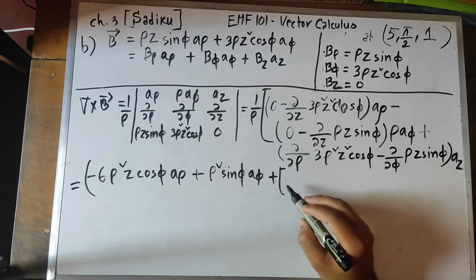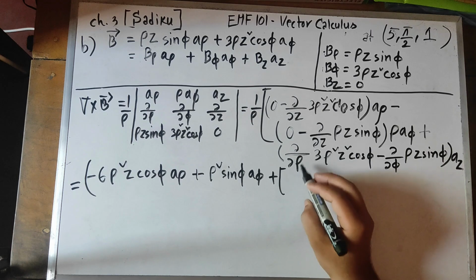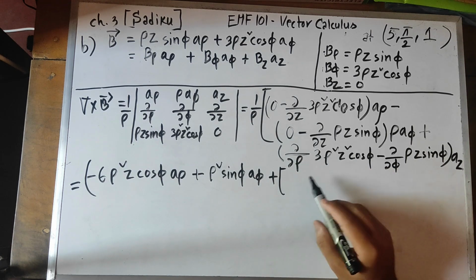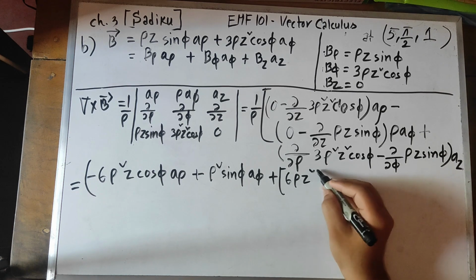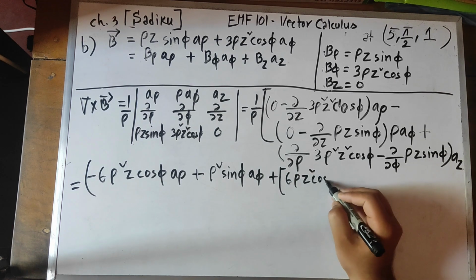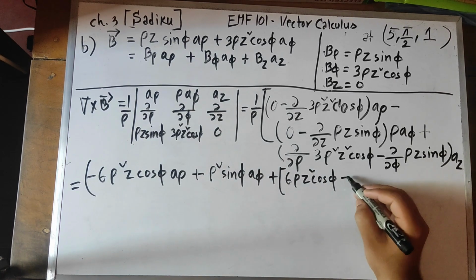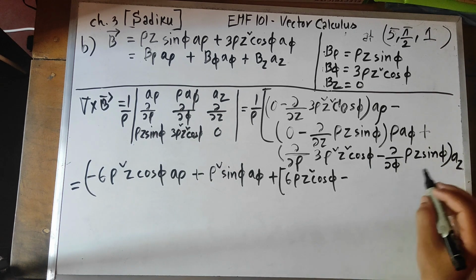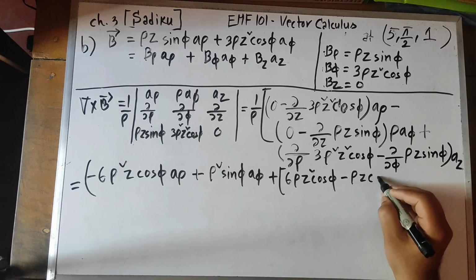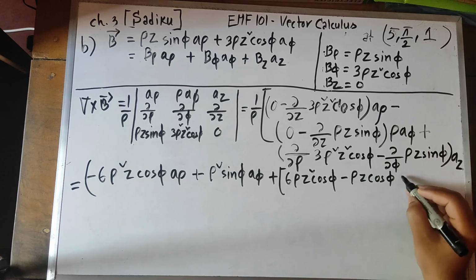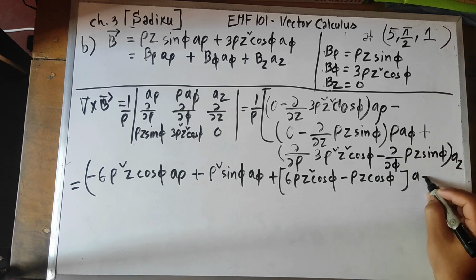Inside the bracket, 6 rho z square cos phi minus rho z cos phi in the direction a z.